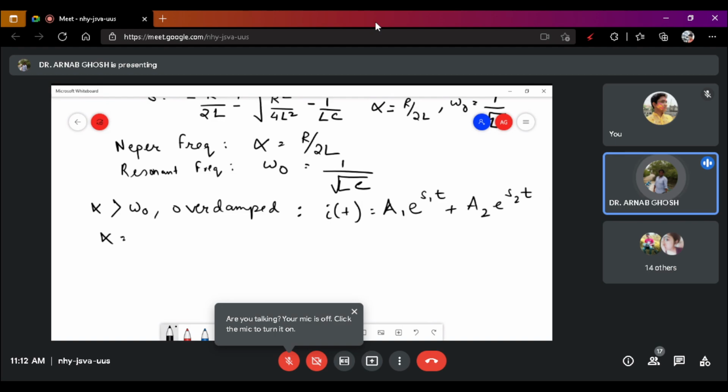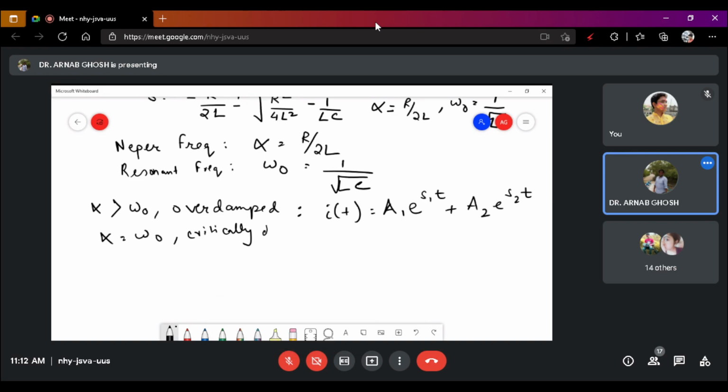If alpha is equal to omega 0, it's the critically damped case, and i(t) is equal to (A1 plus A2t) into e to the power minus alpha t.